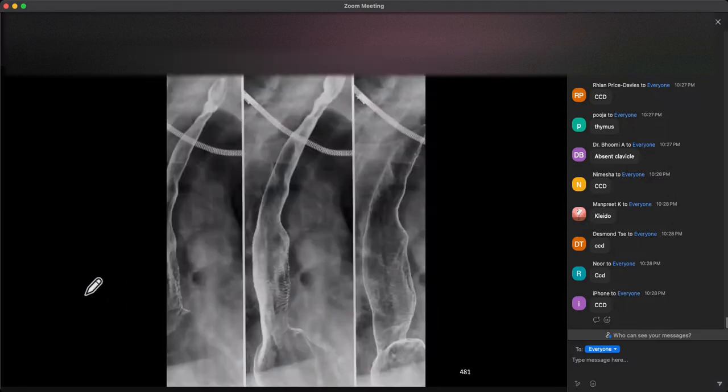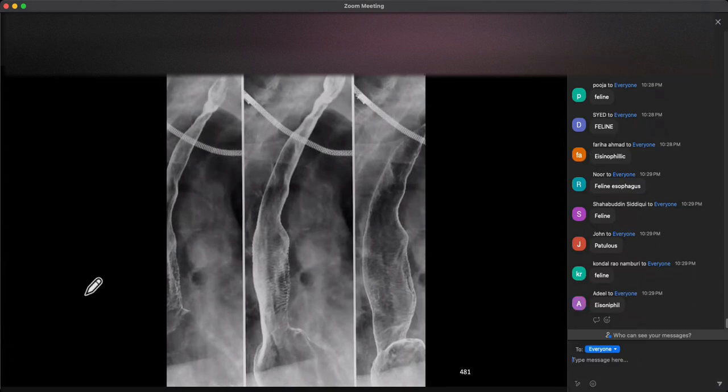What sort of esophagus would you call that? Yeah, it's a feline esophagus.